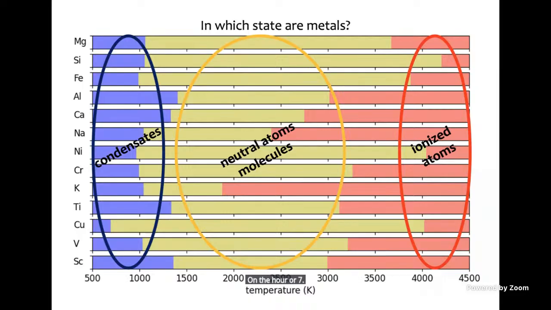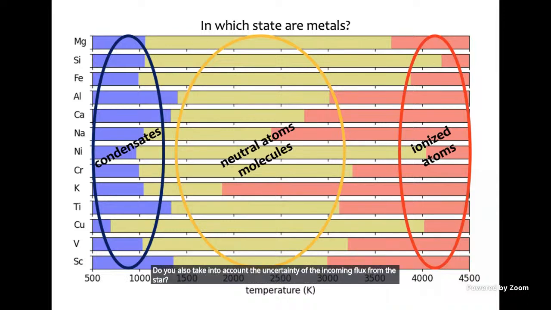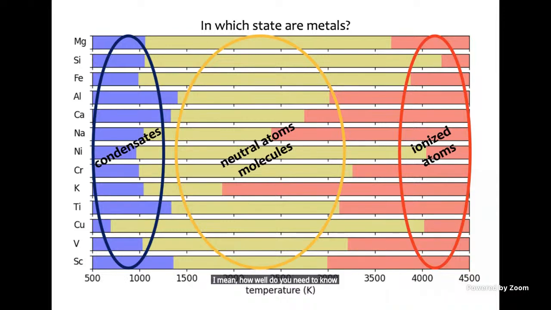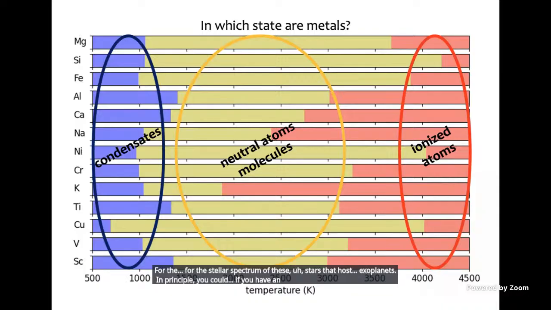One very short question. When you compute photoreactions, do you also take into account the uncertainty of the incoming flux from the star? How well do you need to know the light coming from the host star? No, not in these models, but you could. I don't know the level of uncertainty of the stellar spectra of the stars that host exoplanets. In principle you have an idea, but in these models I didn't take that into account.